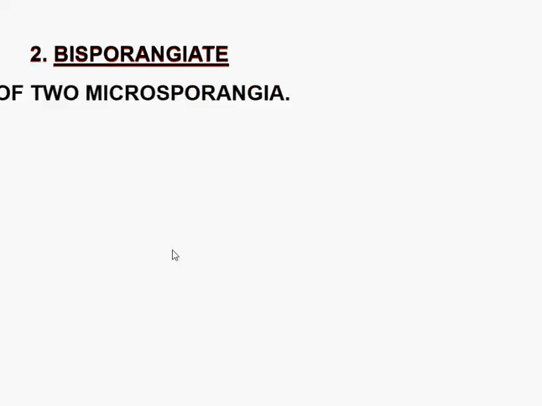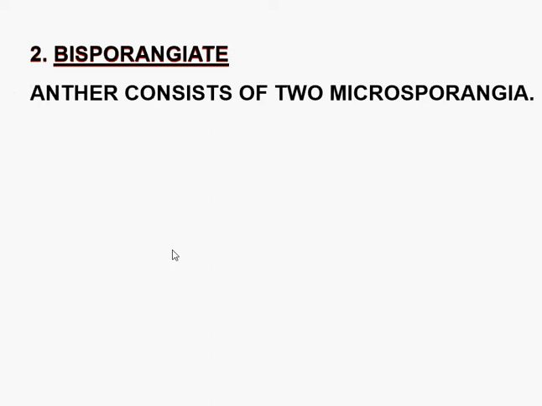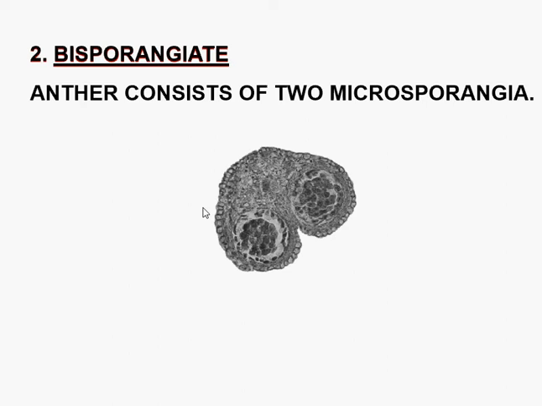Bisporangiate. Anther consists of 2 microsporangia. Let's see the photograph. Here this bisporangiate anther also has two lobes, lobe 1 and lobe 2.